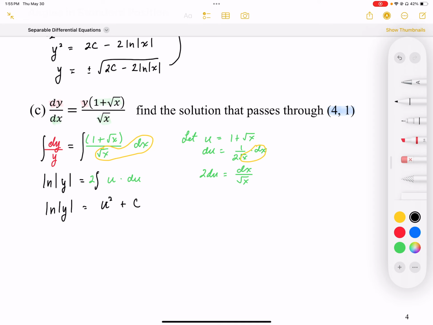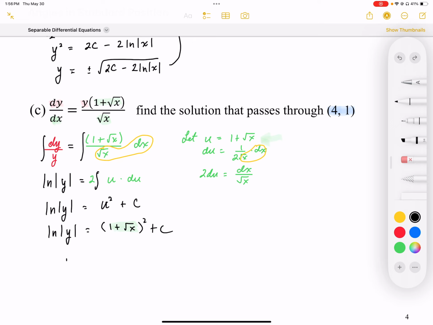Okay, before I plug in my x and y, I need to make sure I do my substitution back for x, so I get 1 plus root x squared plus c. Again, just highlighting this, 1 plus root x is my u that I was using here. At this point, I'm going to actually solve for my plus c. Well, actually, because this is logarithmic, we'll put it into exponential form first.